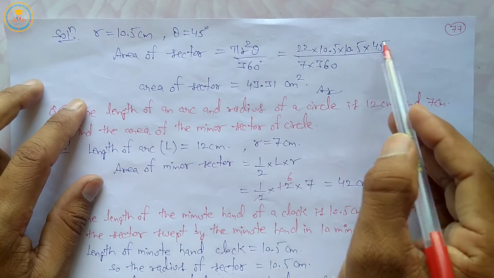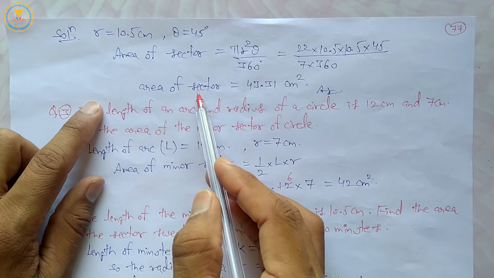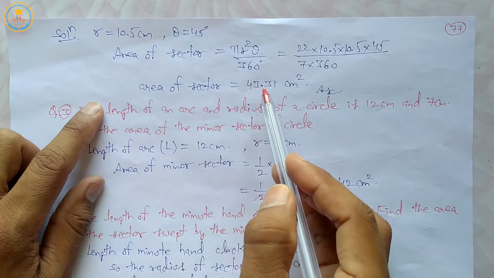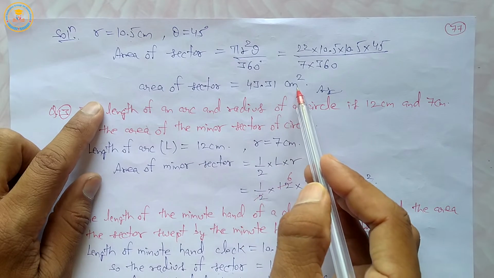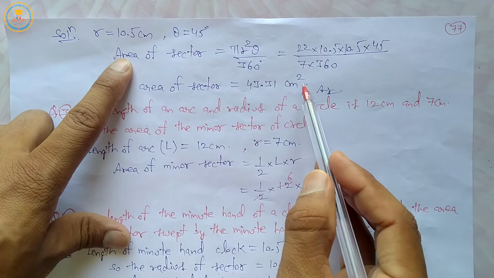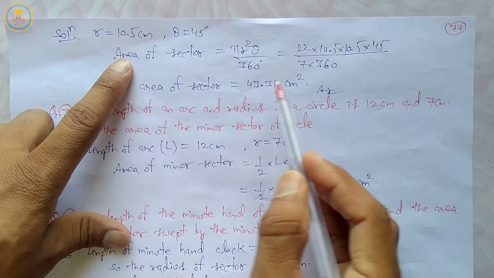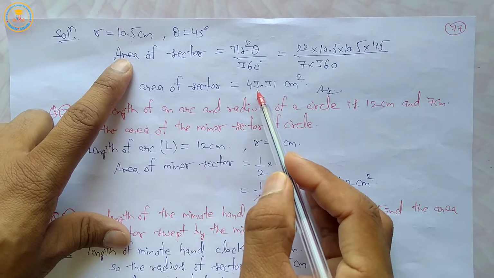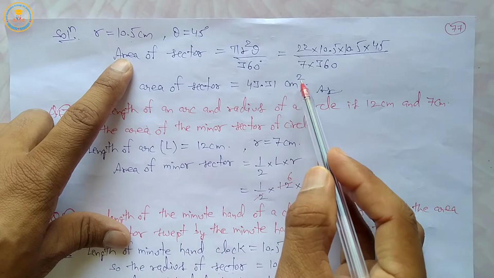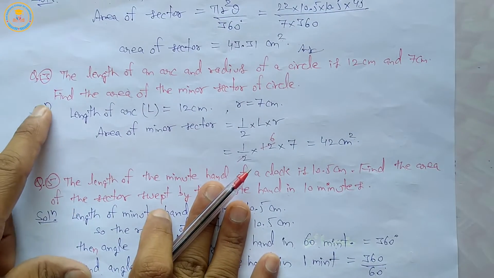For calculating this part we get area of sector 43.31 centimeter square. Here area is mentioned, so the unit is square: centimeter square, meter then meter square. So the area of this sector is 43.31 centimeter square. This is the answer. Next question.